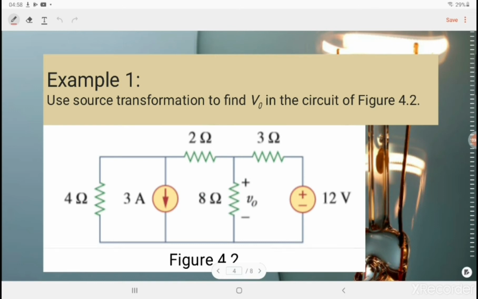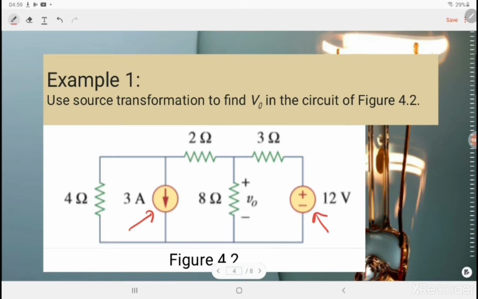In this example, you need to use source transformation to find V0 in the circuit of figure 4.2. This is your V0, the value that we are looking for. In this circuit, you have two independent sources: the first one is 3 ampere and the second one is 12 volt.